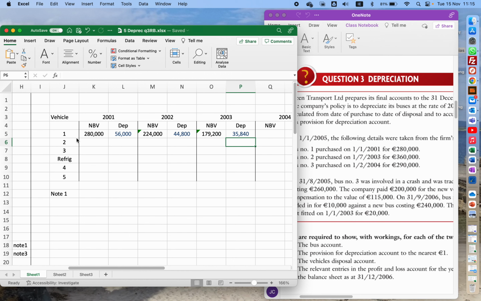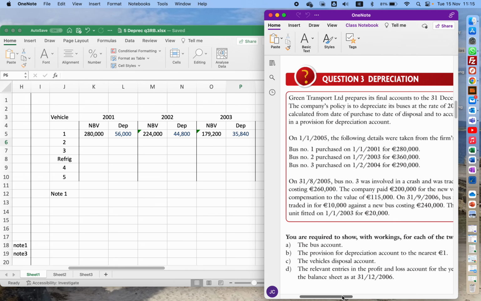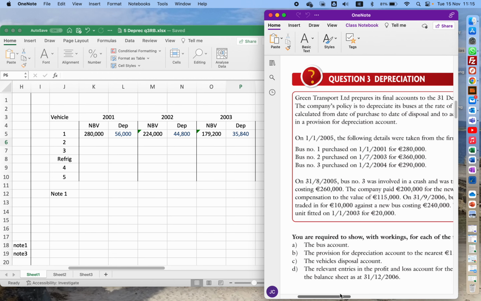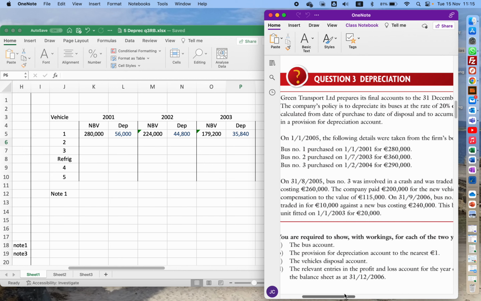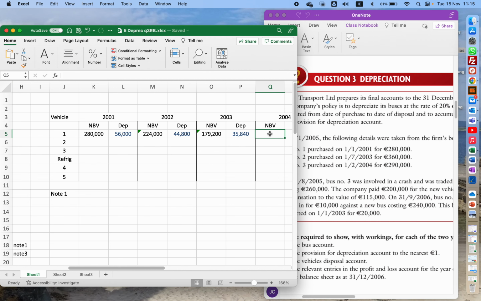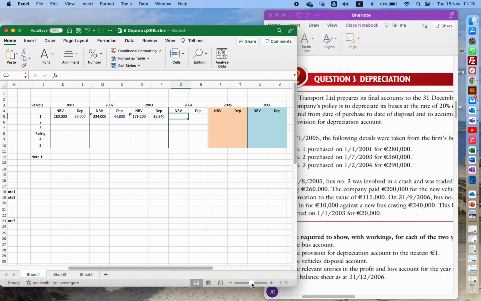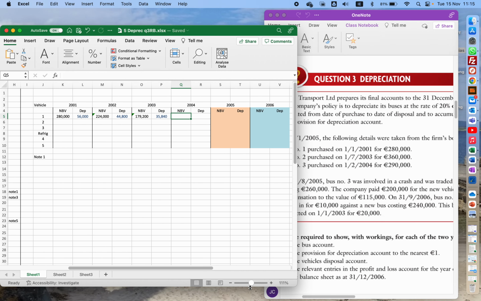Yeah. Obviously, it's a little bit quicker for me doing it on a computer. Now, I'm asked to do this for, just quickly checking, 2005, 2006. So that's the years that I'm working on. So I'm going to continue here. I'll just make this a little bit smaller. So maybe that's too small.